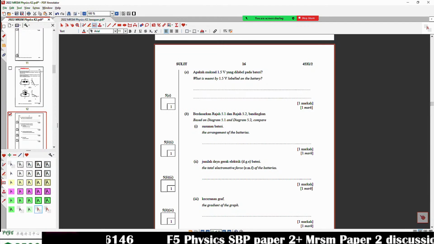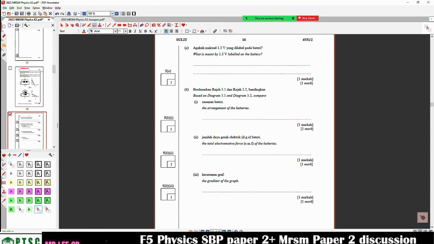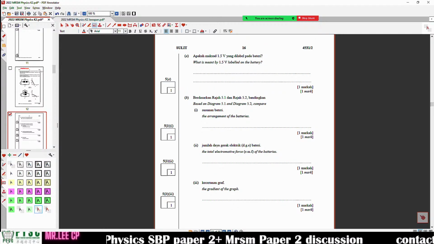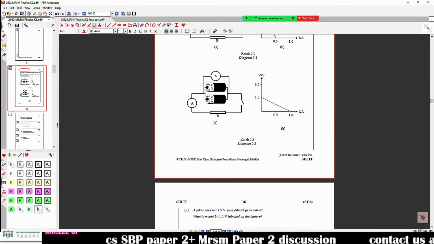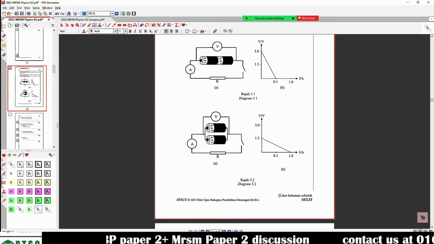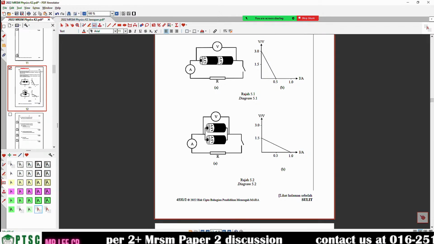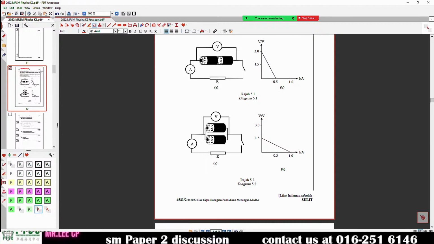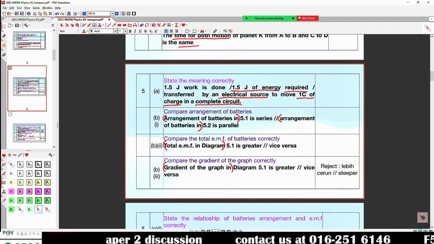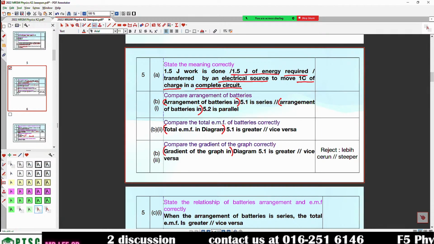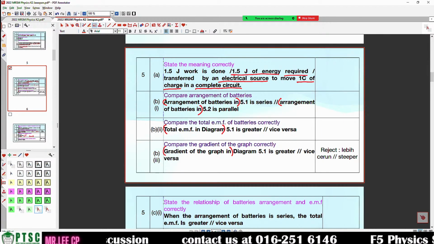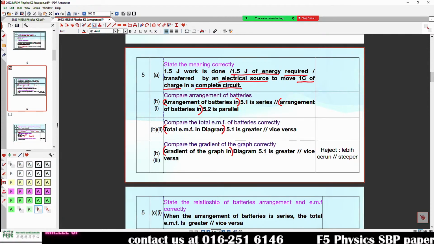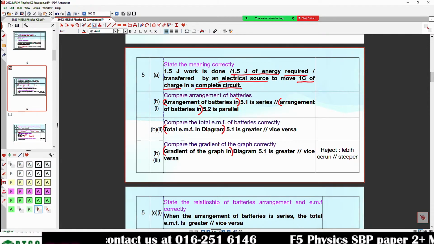Compare the gradient of the graph. So this one, 5.1b is steeper than 5.2b. Right, the graph. So the gradient of the graph in 5.1 is greater than 5.2.